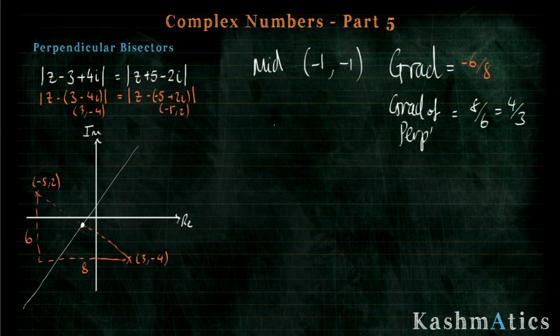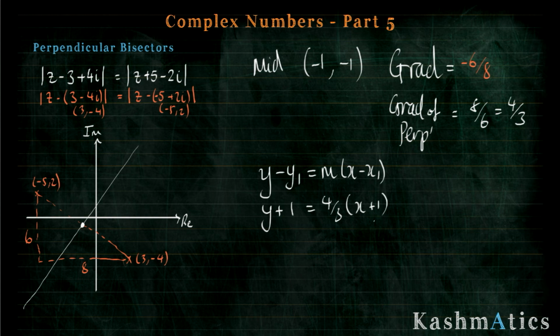Okay, so now what we can do is plug it all into our equation. So y minus y1 is equal to m(x minus x1). So y take away -1, so y + 1 is equal to m, which is 4/3, (x take away -1), so (x + 1).